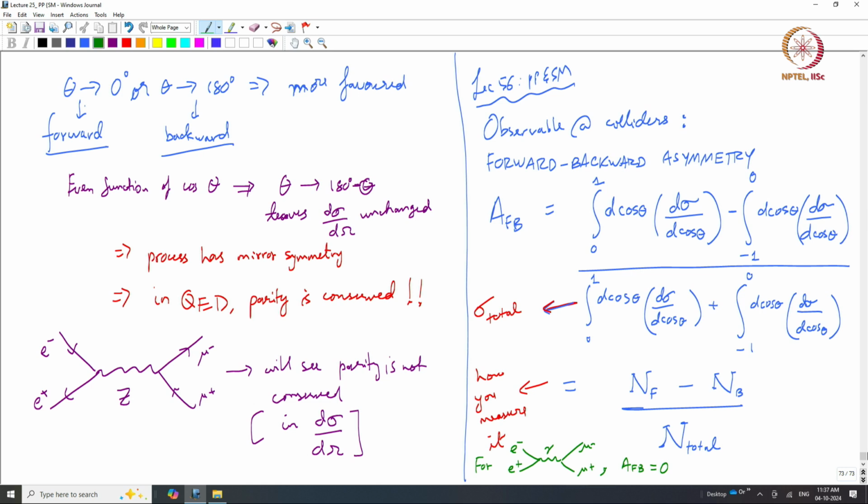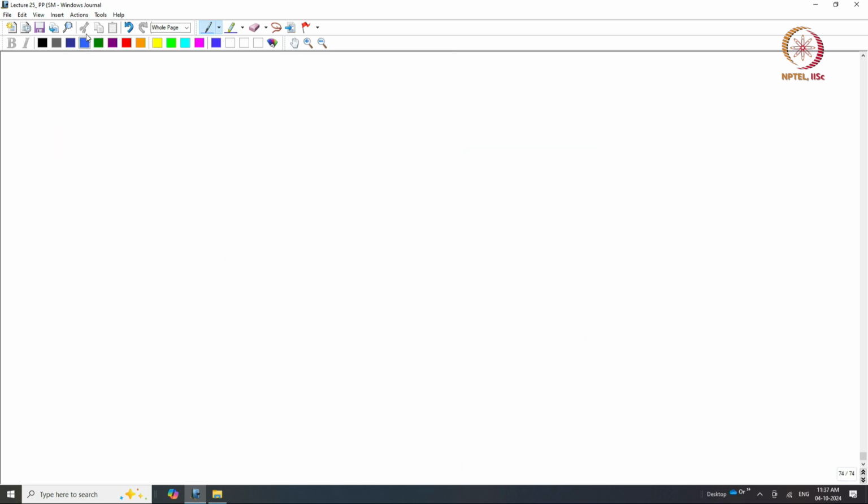This is in QED again. But the forward backward asymmetry need not be 0 when I have the weak interactions, when I have, for example, the Z boson coming into the picture. This is how you measure parity non-conservation, parity violation.